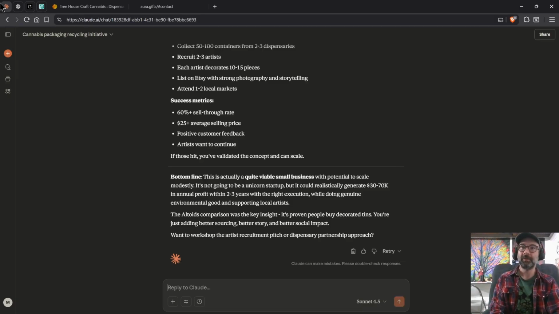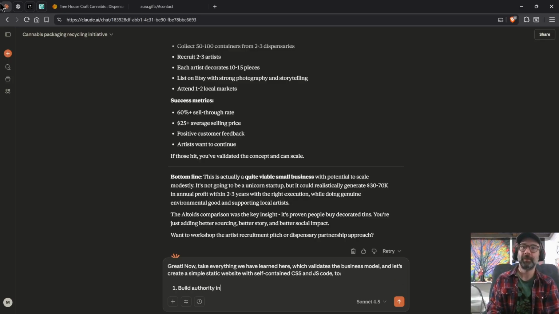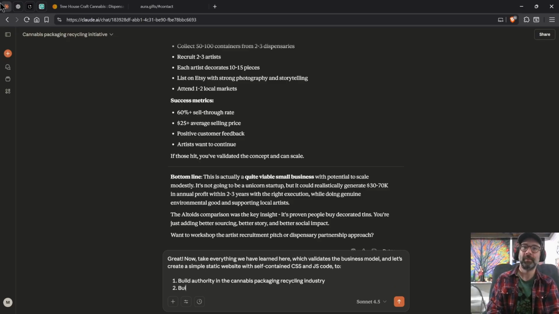Now, okay, so great. Now, take everything we have learned here, which validates the business model, and let's create a simple website. I'll put a static website just so it knows, very simple. Static website to build authority in the cannabis packaging recycling industry. Build credibility and ability as an environmentalist and nature lover.